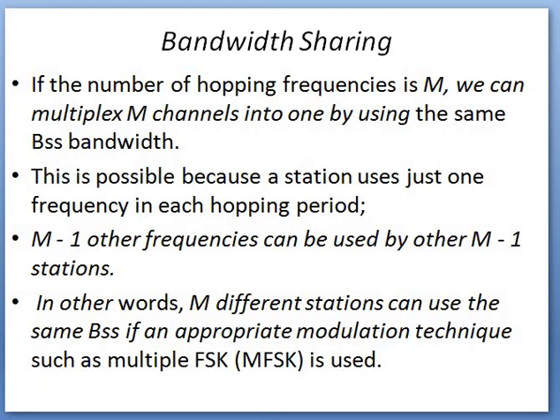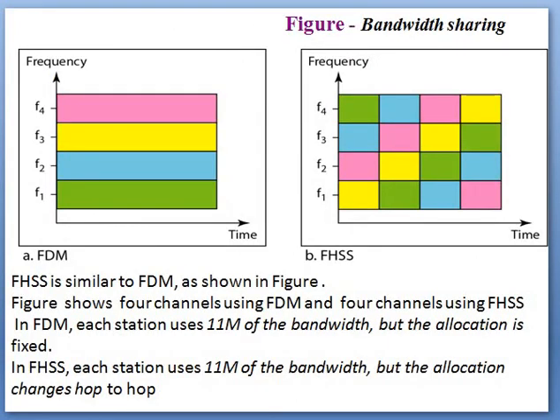The other M-1 frequencies can be used by the other M-1 stations. That means M different stations can use the same B_SS if an appropriate modulation technique such as multiple FSK is used. Here in this figure, FHSS and FDM are given, which are quite similar.